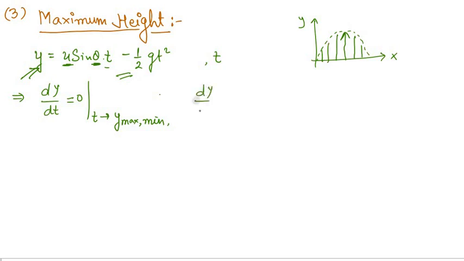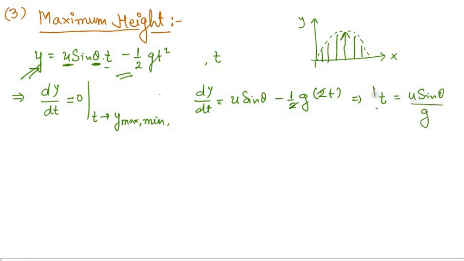Your dy by dt becomes u sine theta minus half g into 2t. So this implies that your t will be u sine theta upon g. So at this particular time, your y will be either maximum or minimum.